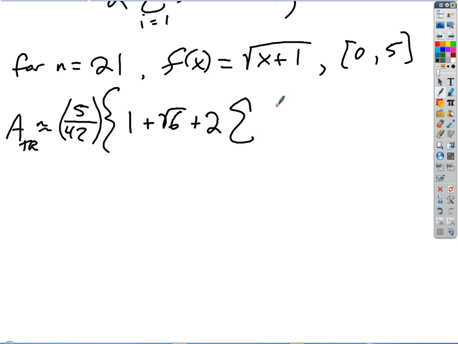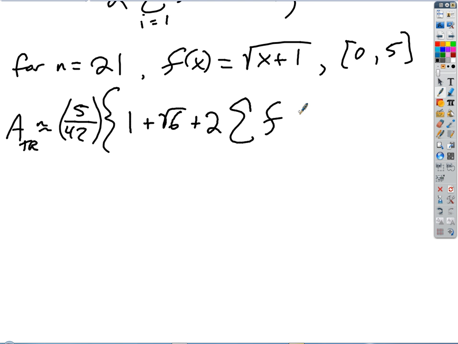Okay, so now we've got the function evaluated at, everyone see if you can figure this out. What's going to go in there? If it's f of a plus I delta x, what is that?